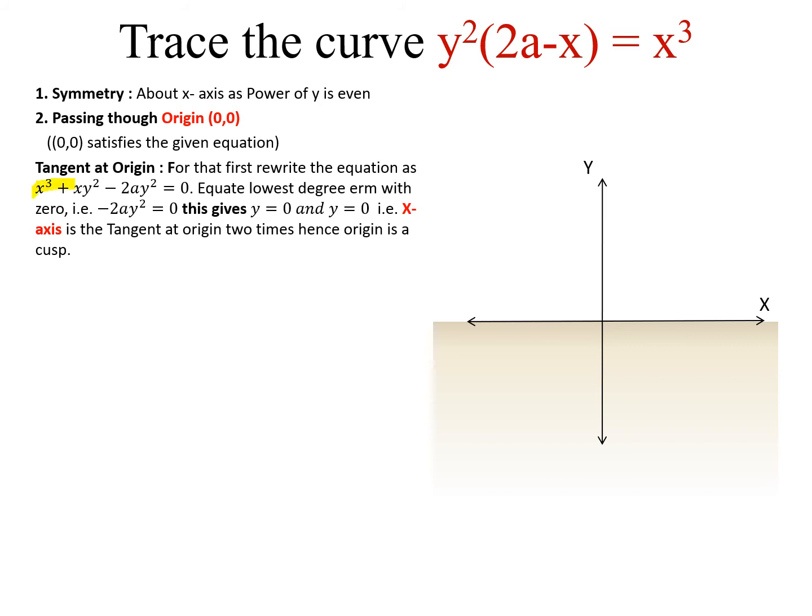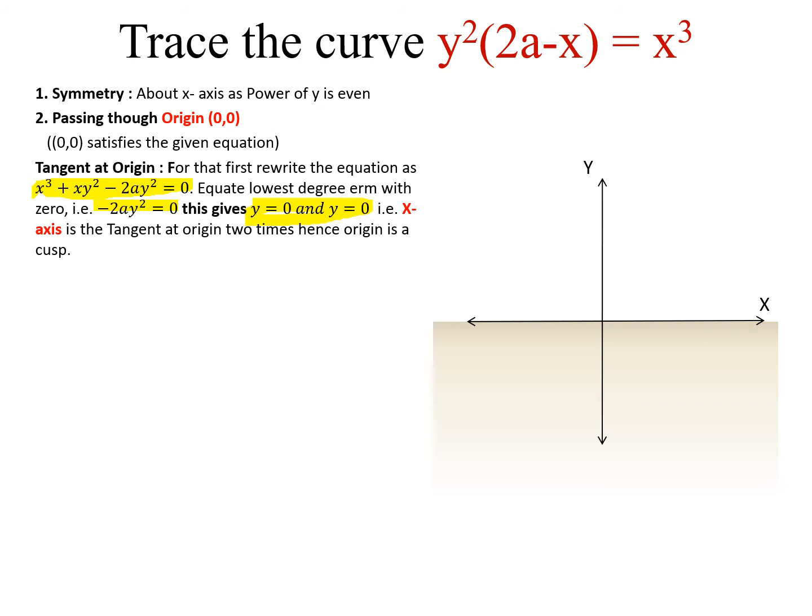So it is x cube plus xy square, which is your 3-degree term, minus 2a y square, which is your, sorry, 2-degree term. So we have to put the lowest degree term, that is minus 2a y square equal to 0. So with this we will get y equal to 0 and y equal to 0. Again you have to write it 2 times, right? So y equal to 0, y equal to 0. That means you are getting the same tangent 2 times, right?